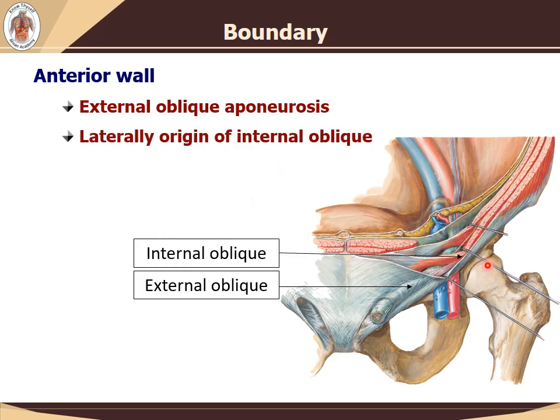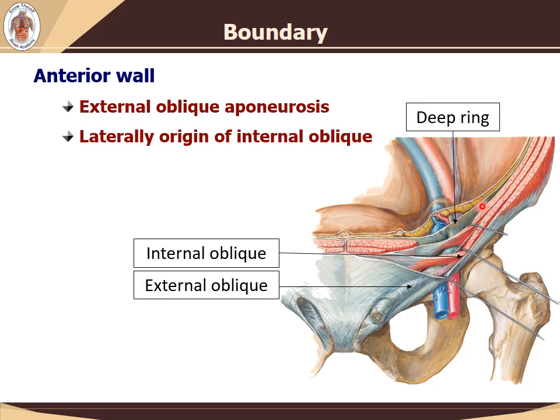So the lateral part is overlapped by the internal oblique muscle. The anterior wall is aponeurotic up to this point, 2/3. This is the medial 1/3. Then the fleshy internal oblique joins to form the anterior wall of the inguinal canal.